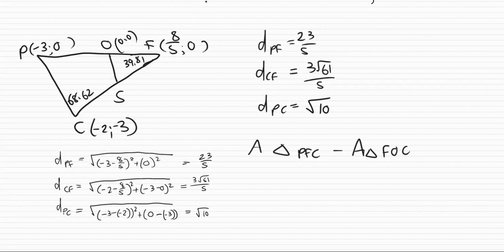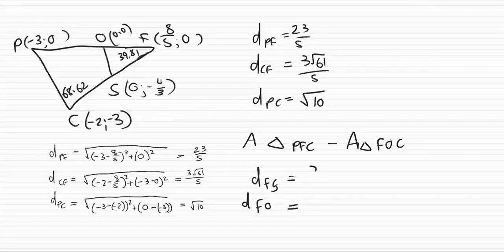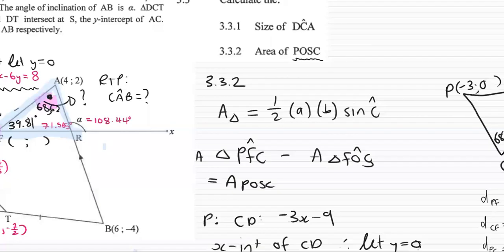We need FS, and we need FO. So distance FO is from the origin, so you're just looking at the x's. And FS, we have to go grab S off the right.